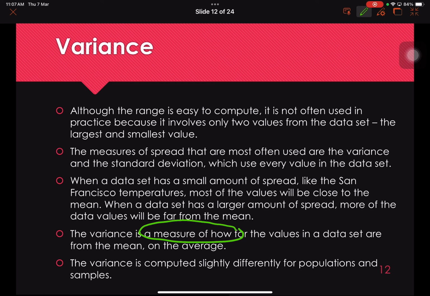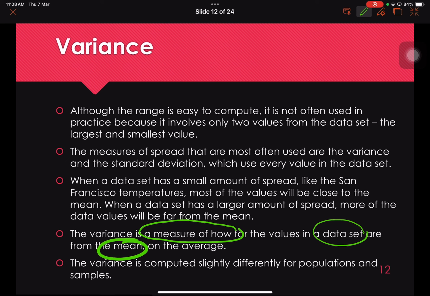The difference is between the data set and the mean. That's why we calculate the mean: you take the original data and minus the mean. That is the idea of variance.